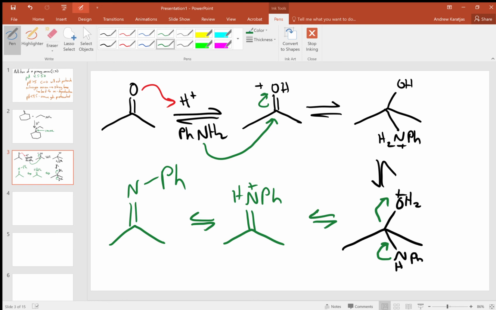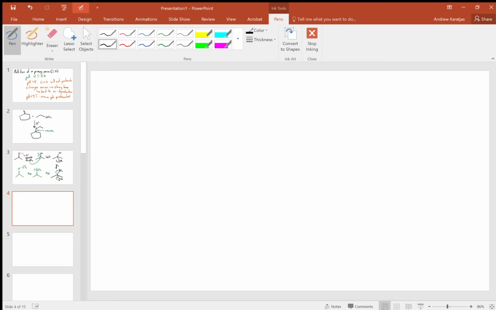So there's a neat application of this reaction, and a pretty important application for this reaction. And that deals with the following.